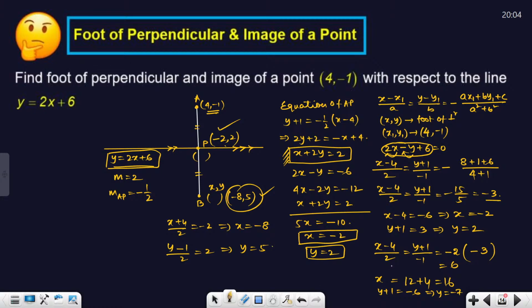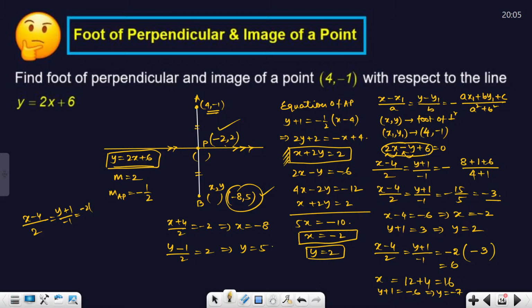X minus 4 by 2. So let me just write it again here. It is (x minus 4) over a is coming to 2 equals to (y plus 1) over minus 1 equals to minus 2 times (2x minus y plus 6).